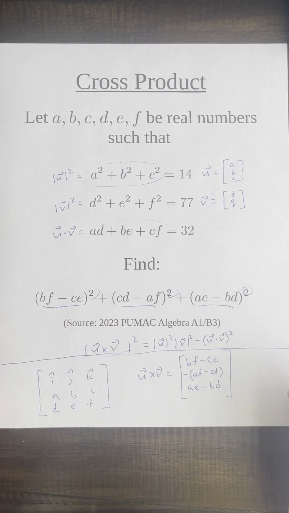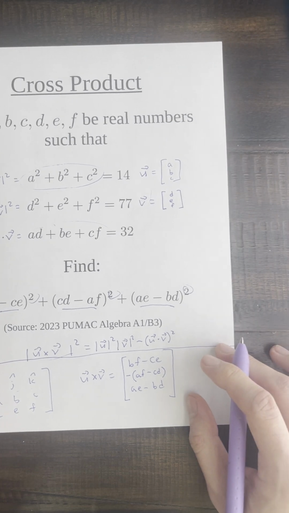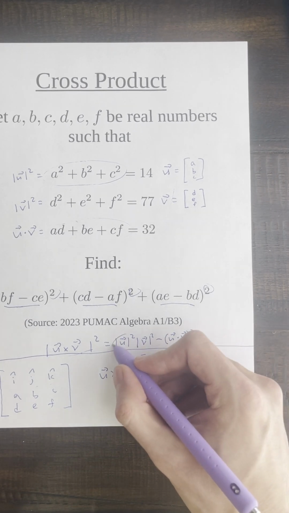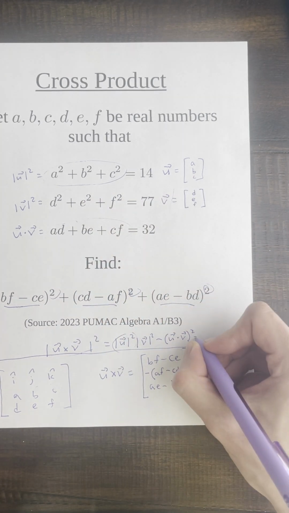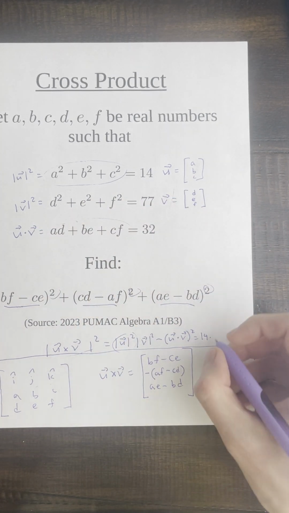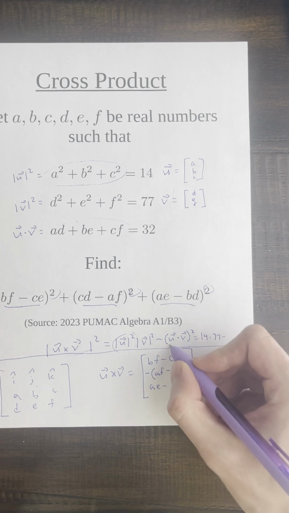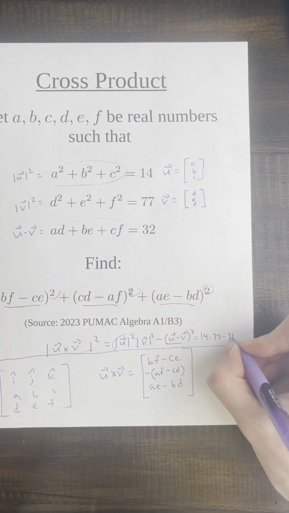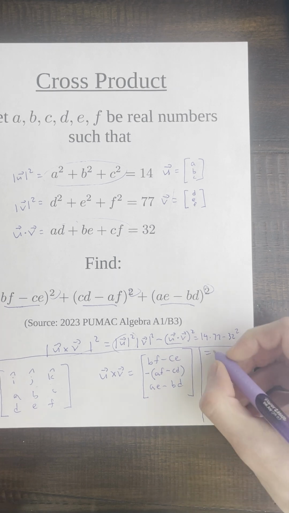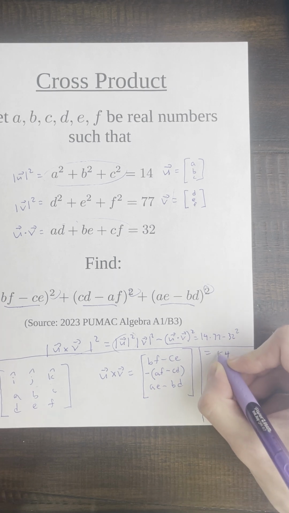And then this is equal to how much? Okay, so this was 14 times 77 minus 32 squared, and that's going to be equal to 54. This is your answer.